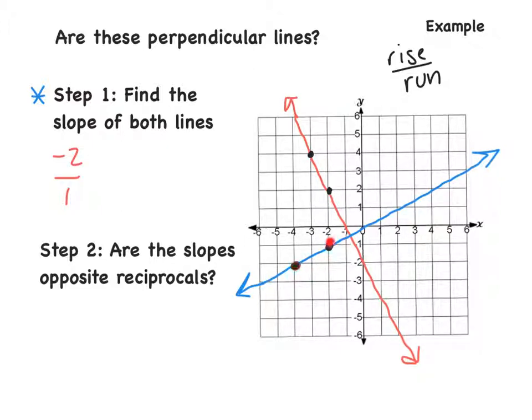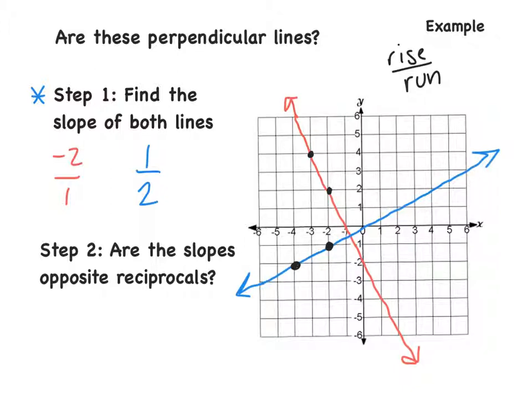You can really choose either point. That's perfectly fine. So when you rise, looks like you're rising 1. So you rise 1, and you run a +2 to the right. So those are the slopes of these 2 lines.